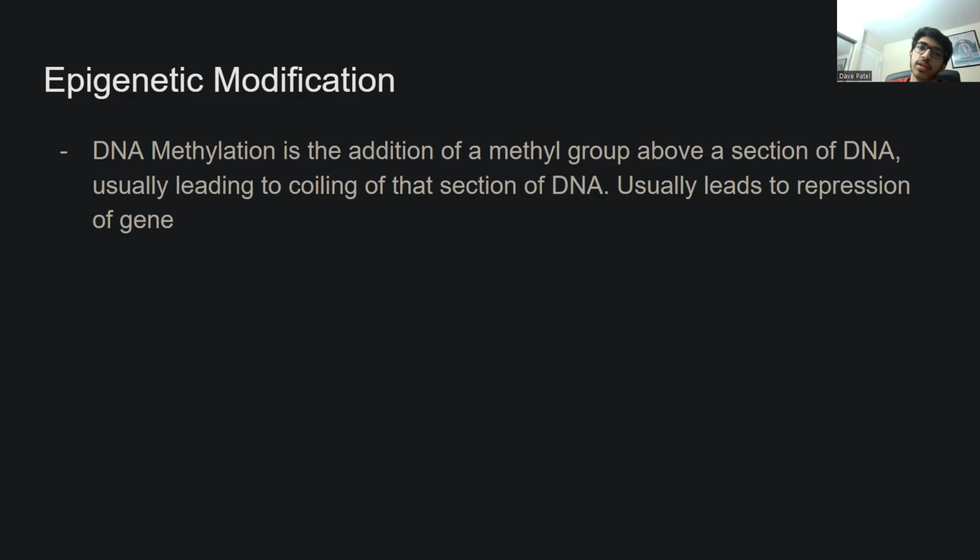So for example, you have DNA methylation, which is the addition of a methyl group above a section of DNA. This is going to lead to tight coiling of that section of DNA, which is going to prevent expression, so this is going to lead to the repression of the gene for the most part. A really good example of this are the neurons in your brain.